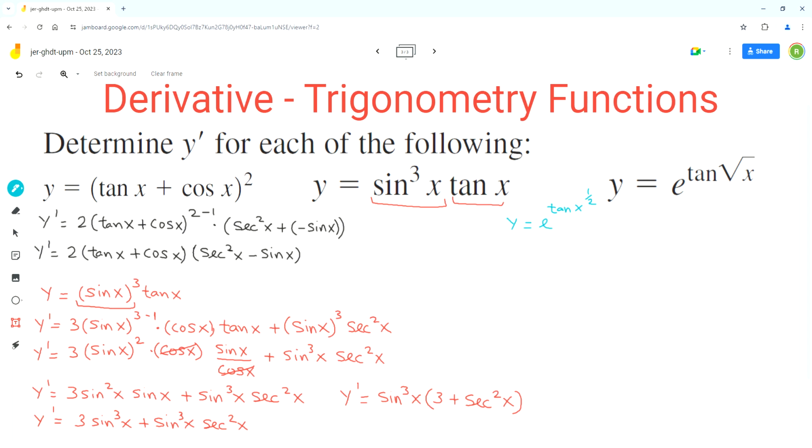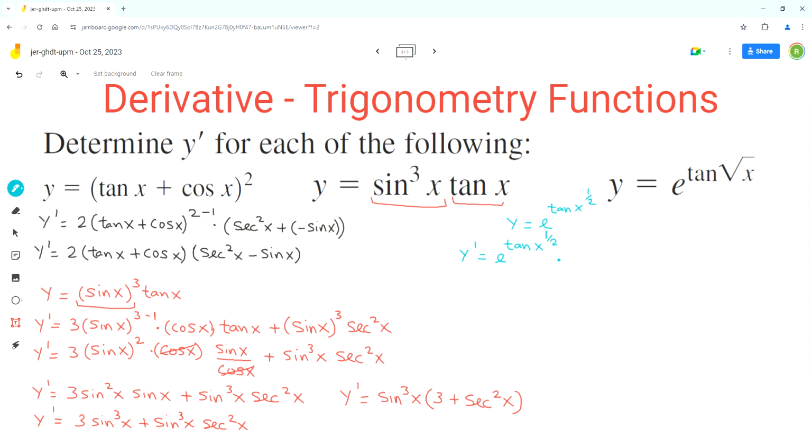We'll start with the derivative of the exponential function. For an exponential term with base e, the derivative is the e term itself times the derivative of the exponent. The exponent here is tan of x to the power half.